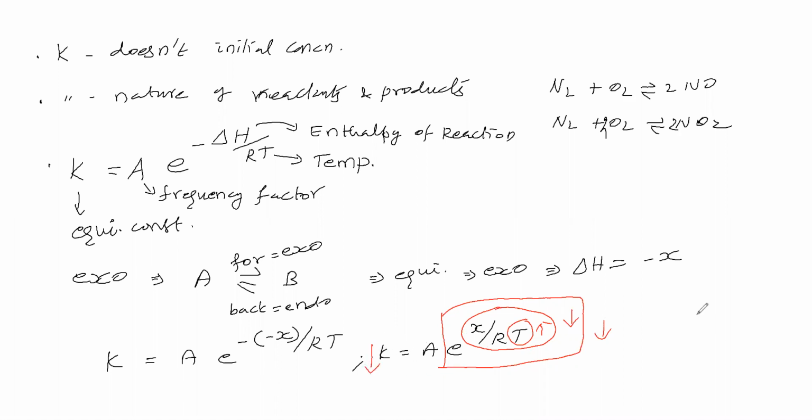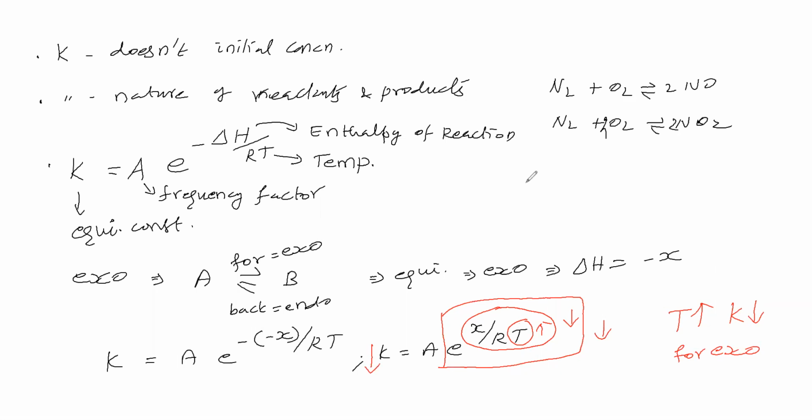Therefore, as temperature increases, equilibrium constant decreases for exothermic process. Based on forward we said the forward is exothermic, that means extent of forward decreases.